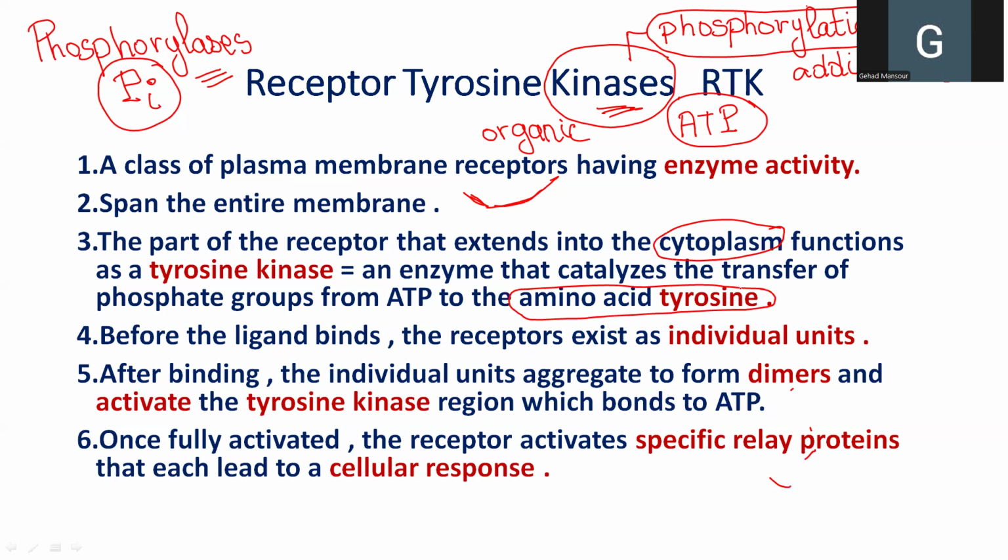Now, just like any receptor, this receptor has a specific domain where the ligand, or the signaling molecule, will bind. When the ligand binds, it binds to the specific shape on the receptor molecule that fits with the ligand.